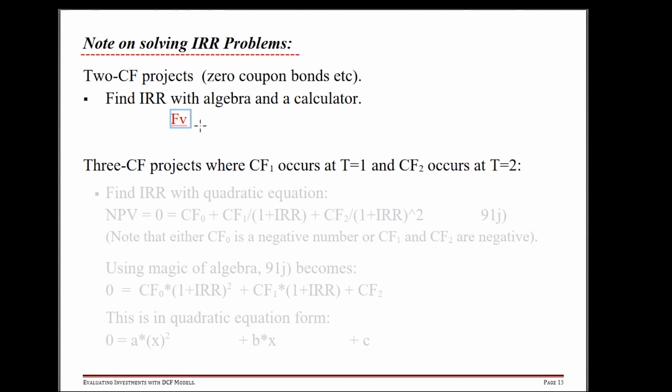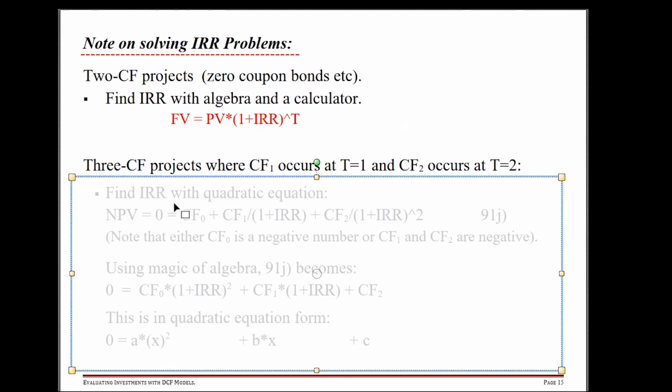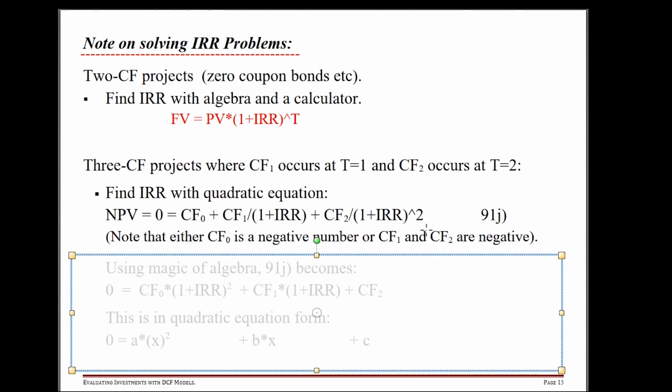You just go back to FV equals PV times (1 plus IRR) raised to the T, and you can do the algebra and solve for the IRR. If we have a 3 cash flow project, where cash flow 0 happens at t equals 0, cash flow 1 occurs at t equals 1, and cash flow 2 occurs at t equals 2, we can find the IRR with the quadratic equation.